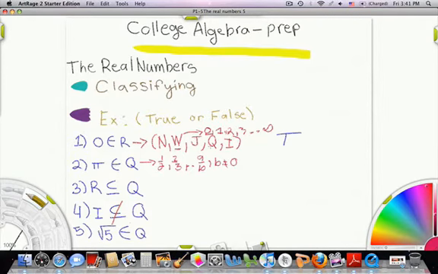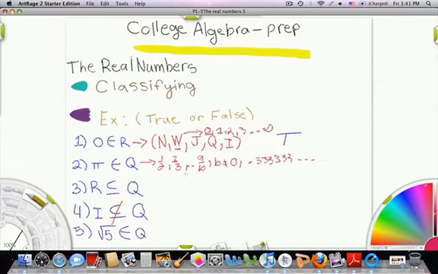And also, rational numbers can take the form of repeating decimals, which can look like 0.3333333, and does that forever.